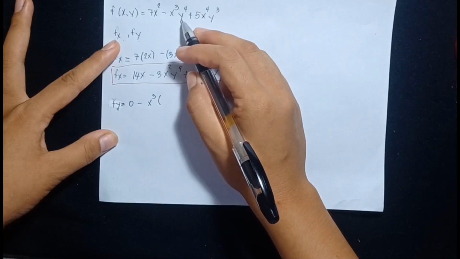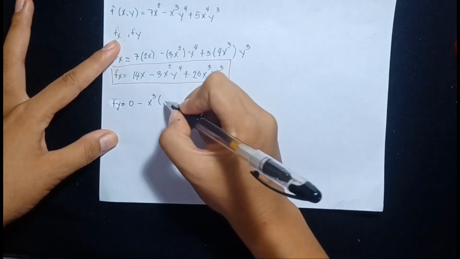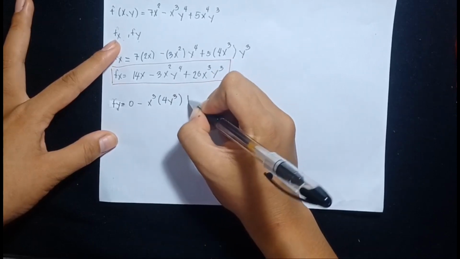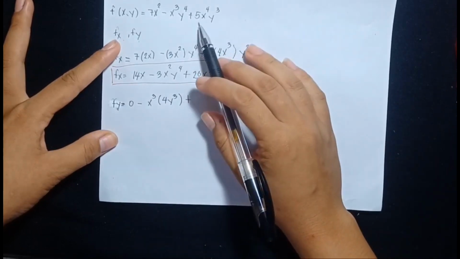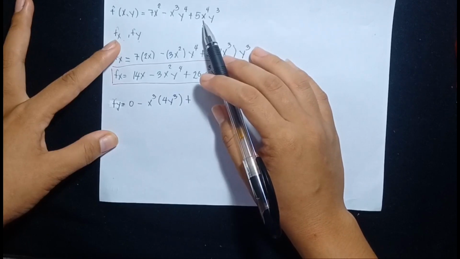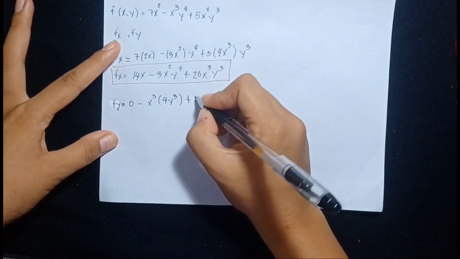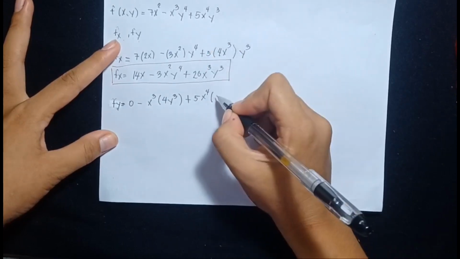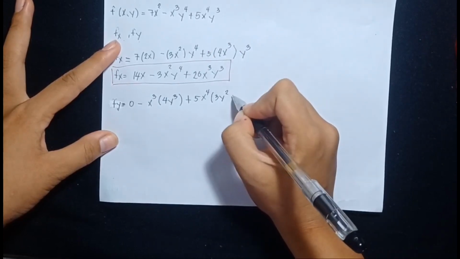This is the independent variable, so we can derive this as 4y cubed, plus the derivative of 5x to the fourth y cubed. This would be our constant, so we just copy that 5x to the fourth, multiplied by the derivative of y cubed, which is 3y squared.